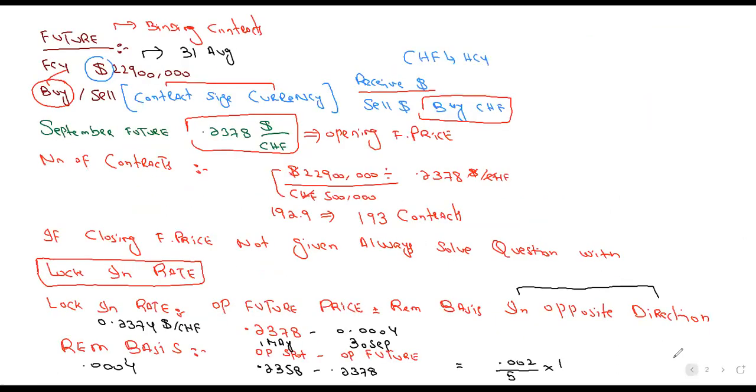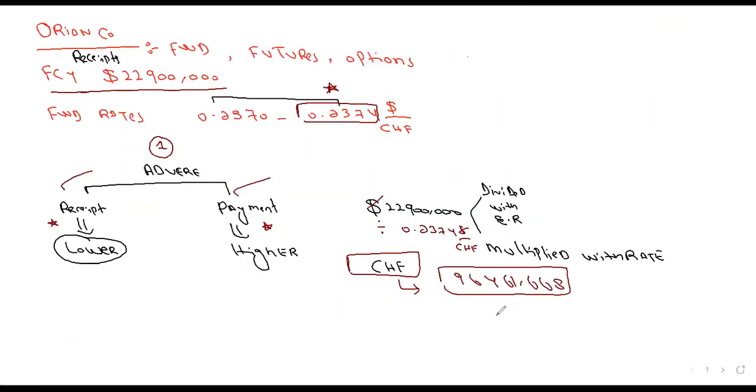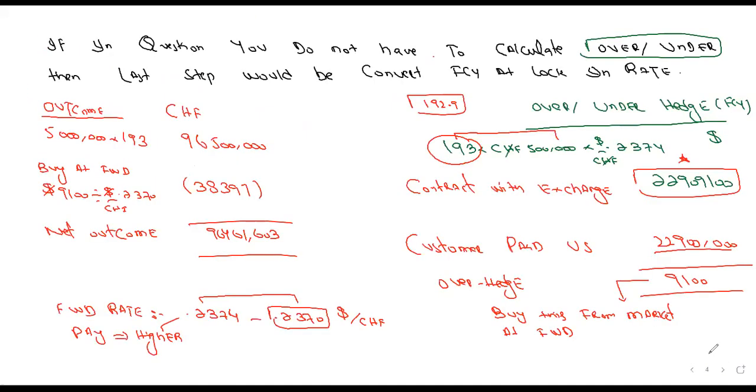See, the forward was giving you 96461, and the futures was giving you 96461. But the forward answer is marginally higher than the futures.